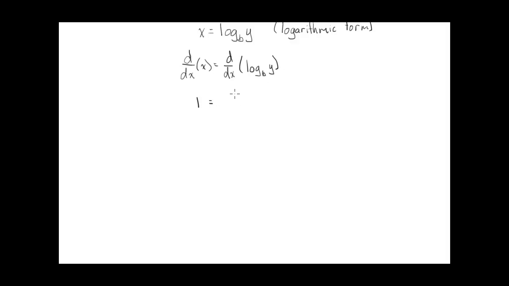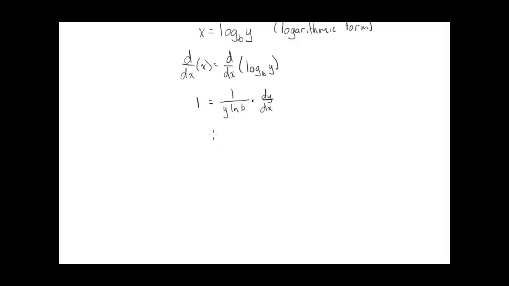And we came up with this rule in the previous video. The derivative of log base b of y is 1 over y ln b, but we're differentiating implicitly. It's a function of y, but we're differentiating with respect to x, so we need to multiply by the derivative of y with respect to x.